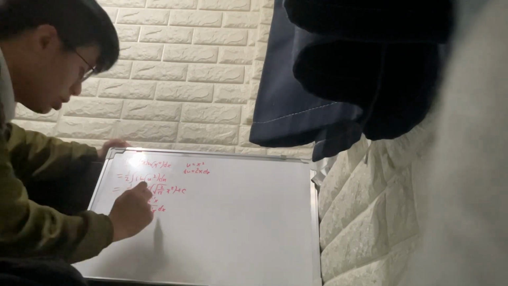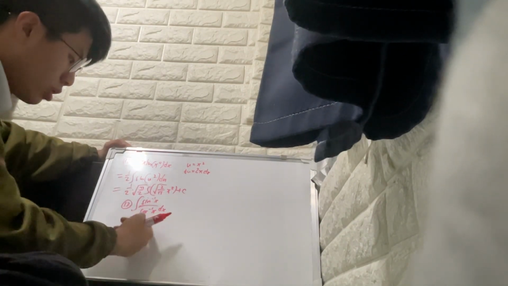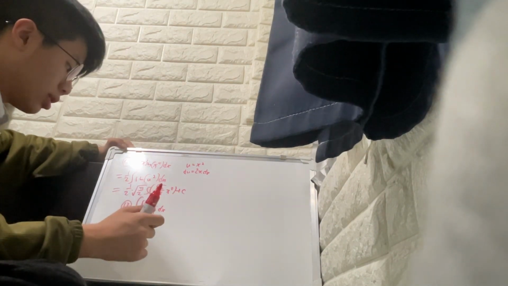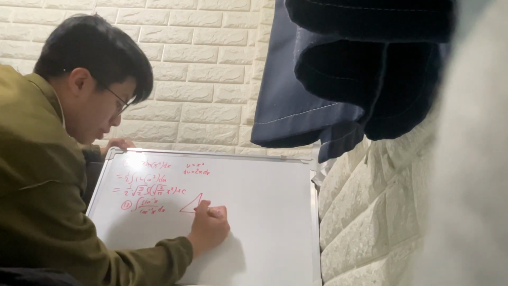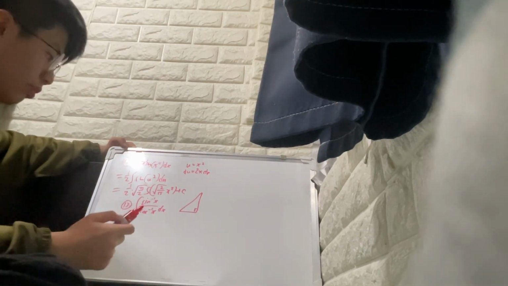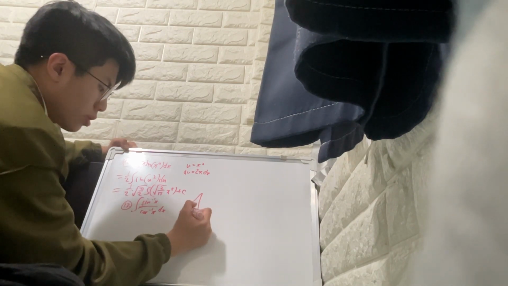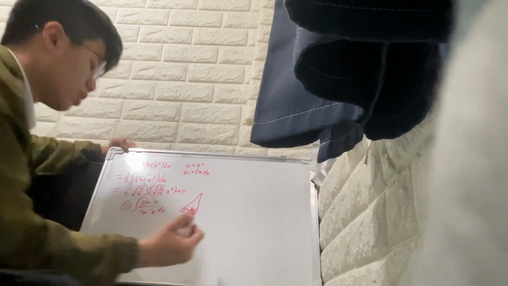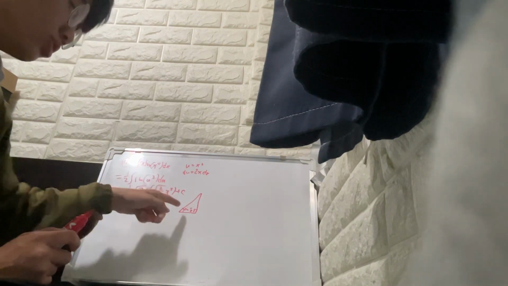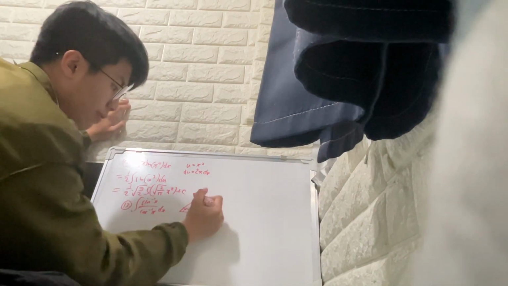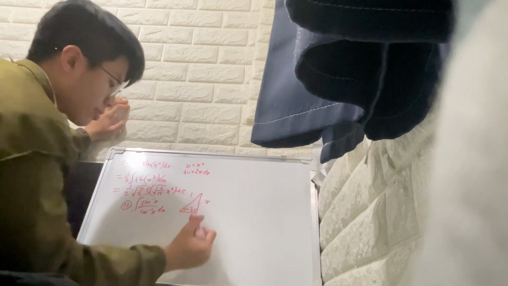So here, let me just draw a triangle. This is a right triangle, and let me put a random angle here, theta, which is inverse sine x. So sine theta is just equal to x, which is x over 1, opposite over hypotenuse.